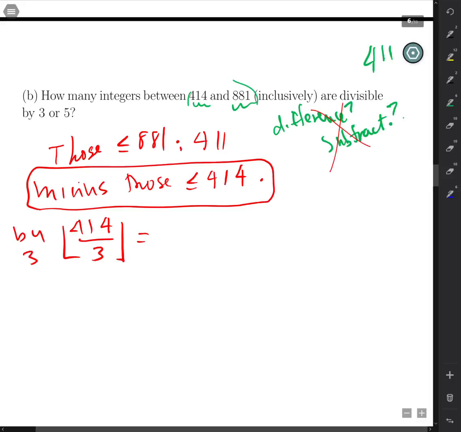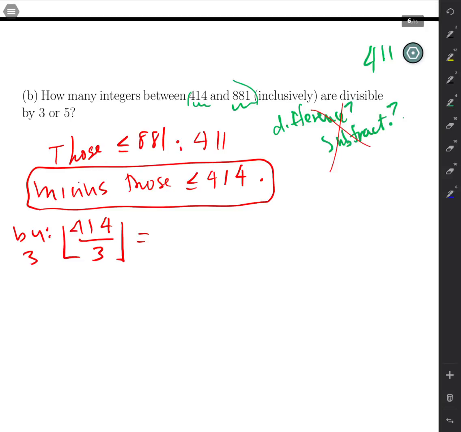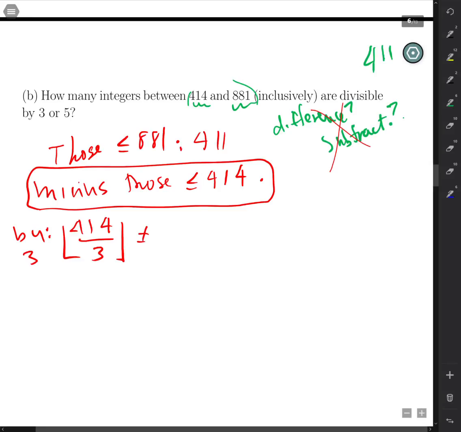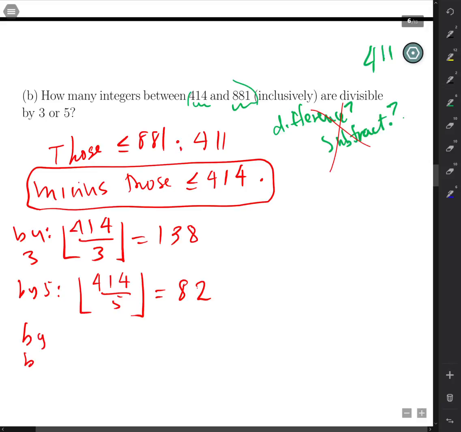That's divisible by 3 when I say that. And when I do that one right there, we get 138. You should check me on this. Make sure I'm telling you the truth. That's 138 by 3. By 5, we get the floor of 414 divided by 5, which is 82. And by both would be the floor function of 414 divided by 15, and that gives us 27.